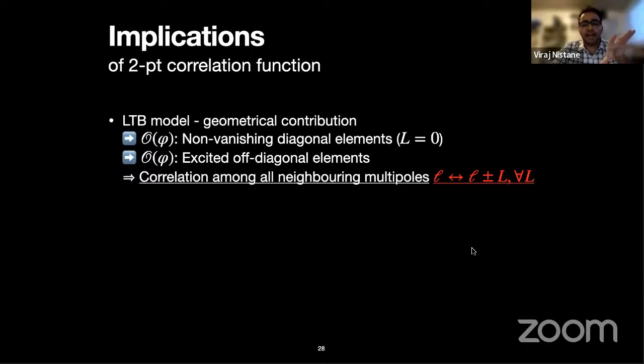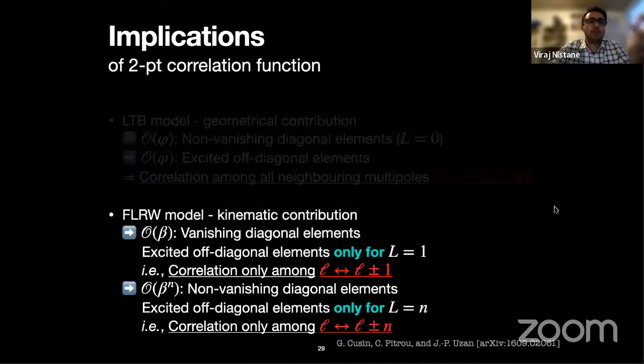On the other hand, in the FLRW model considered with a kinematic contribution, that is, with a boosted observer, which has been studied in the paper by Cuisine et al., they observe that at linear order in beta, which is the boost of the observer, we get vanishing diagonal elements and excited off-diagonal elements only for capital L equals 1.